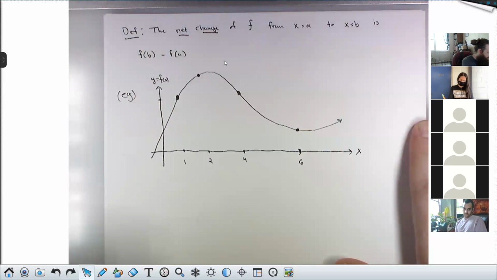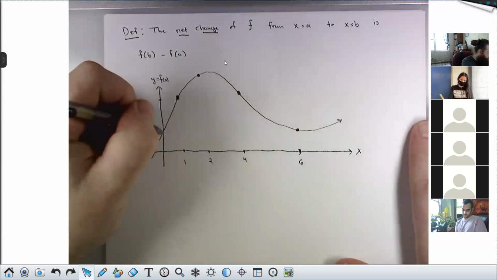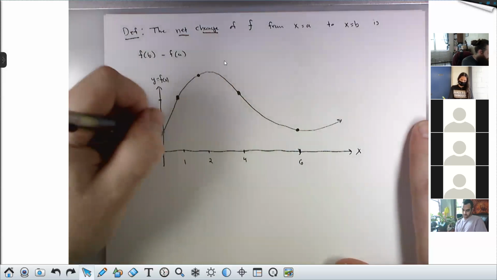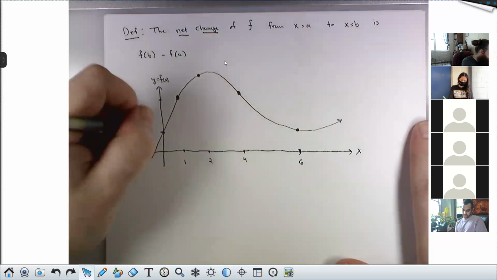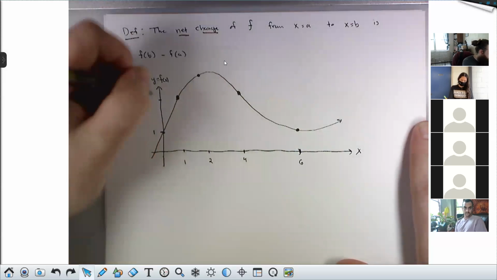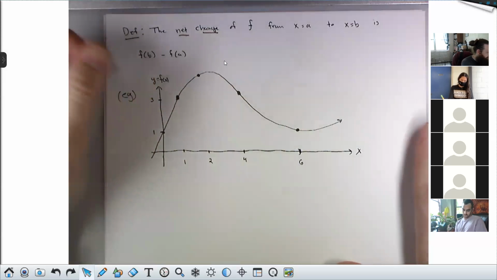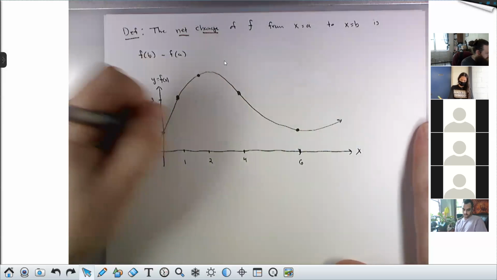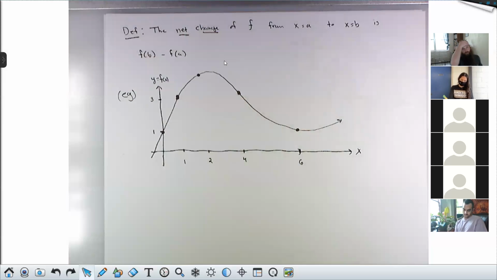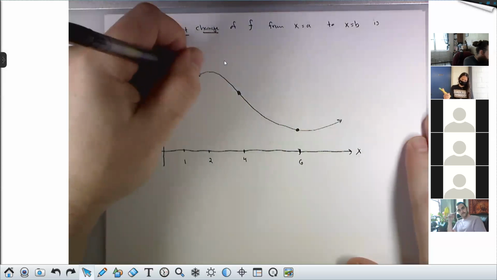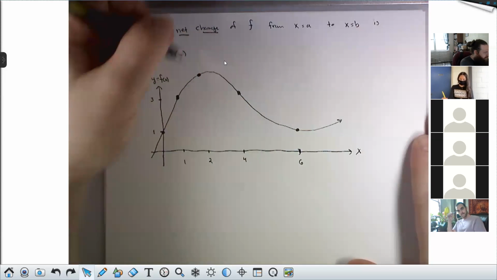Let's actually specify some y values. One and call this... Okay. So we have some points here on this graph. And I can ask some sort of silly questions about it and some less silly questions about it.